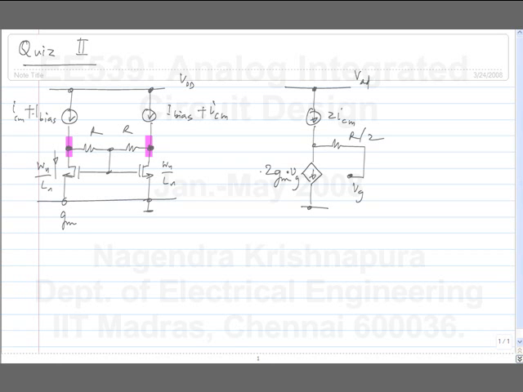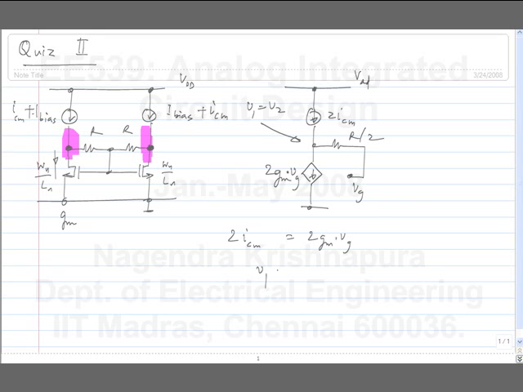So this is what I get if I connect these two nodes together, this one and this one, in the incremental circuit. Again, the current through R is 0, R by 2 is 0. So I have 2 ICM equals 2 GM times VG, and this voltage, which is V1 and V2, equals VG because no current flows through the resistor.